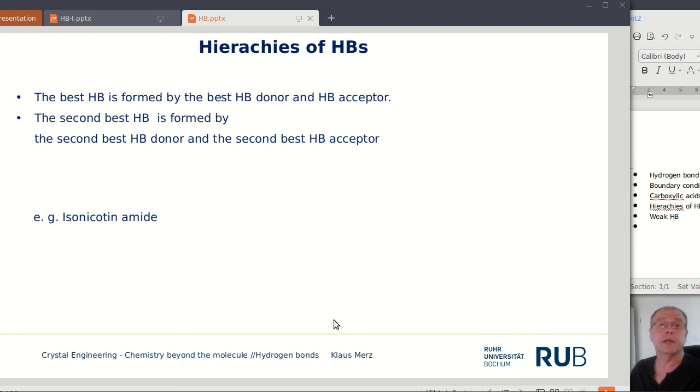And I will show you an example, isonicotinamide. What you see here is a nitrogen in a pyridine backbone, and we have the amide function.